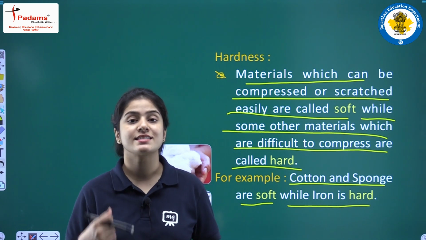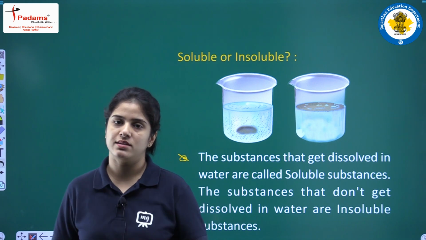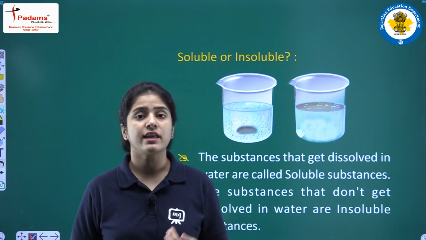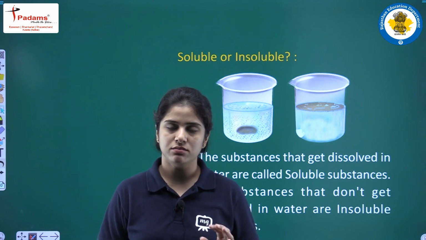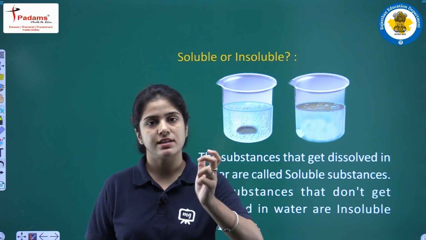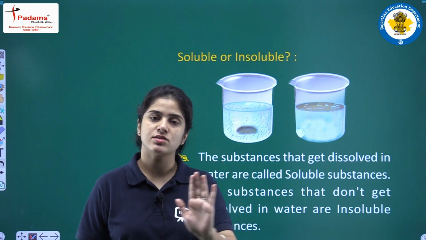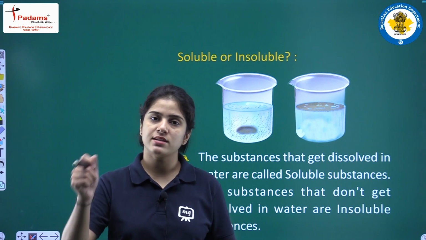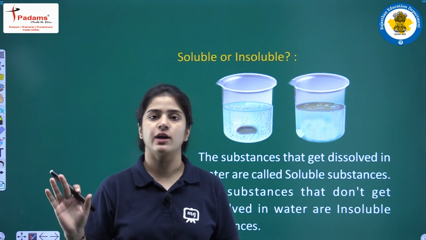Alright students. So let's discuss the next property, that is solubility and insolubility. What is solubility and insolubility students? When you have a glass of water and you mix a particular substance in it and it gets dissolved, then it means that it is a soluble substance. If you add a substance which is not at all dissolving in water, then it means that it is an insoluble substance.